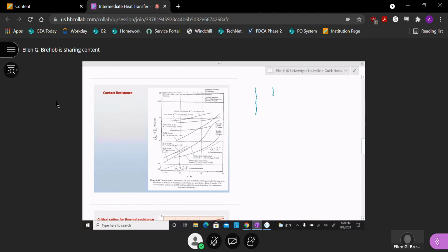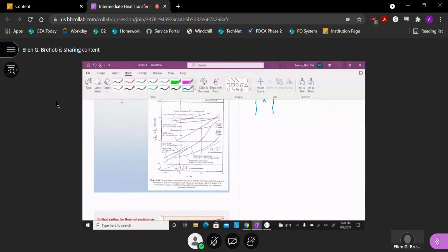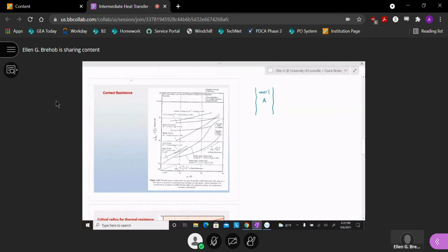This is going to be material A, and this is material B. Usually I draw these straight lines, but I want to enhance this idea that on a fine level, if we zoomed in, these materials don't make perfect thermal contact.